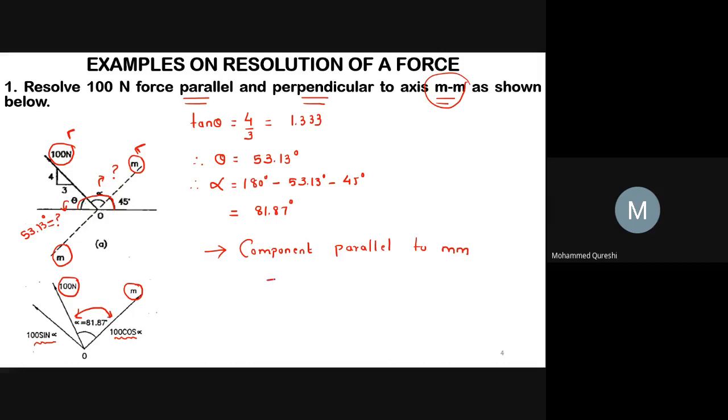In this case it is parallel and the force is 100, so 100 into cos alpha, with alpha equal to 81.87. So 100 cos 81.87 degrees, and by solving this you will get 14.4 Newton.